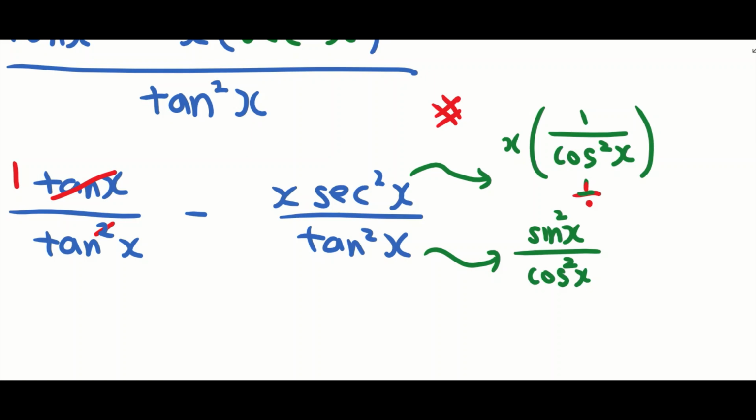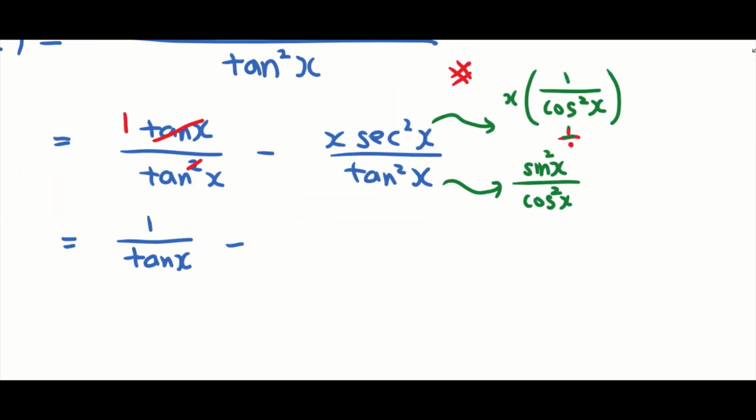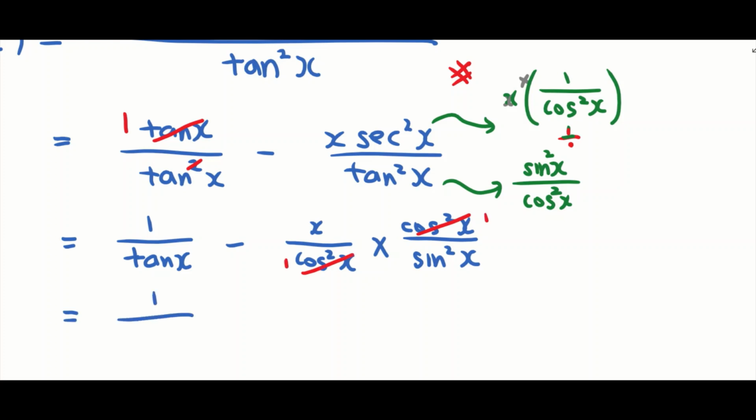If I do keep change flip, this is how it will look. Also, x times the fraction. Actually, it's just the numerators multiplied together. After I do keep change flip, notice I can cancel my numerator and my denominator. So what I have is this.